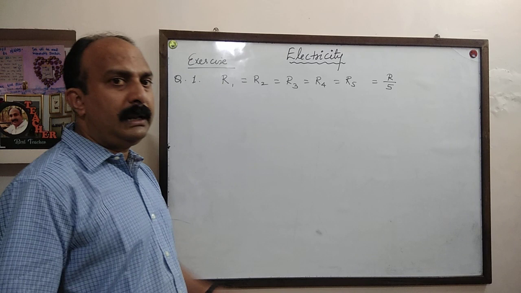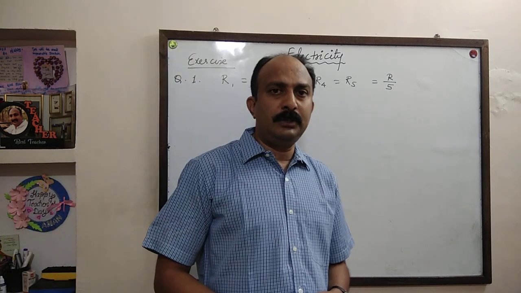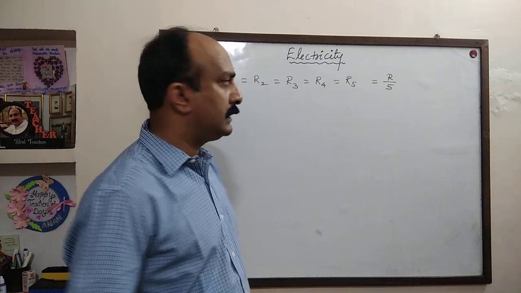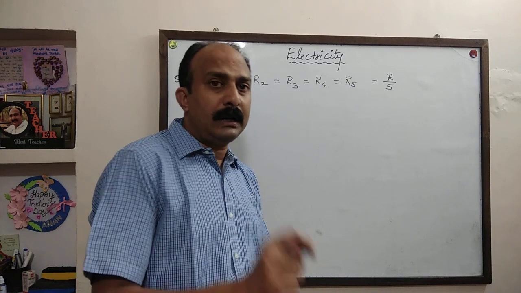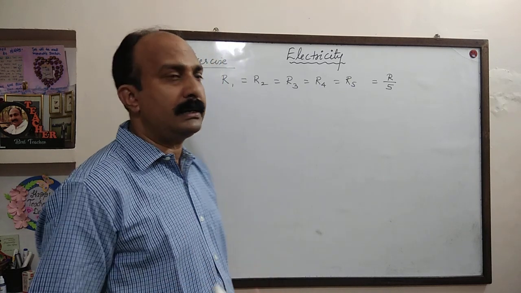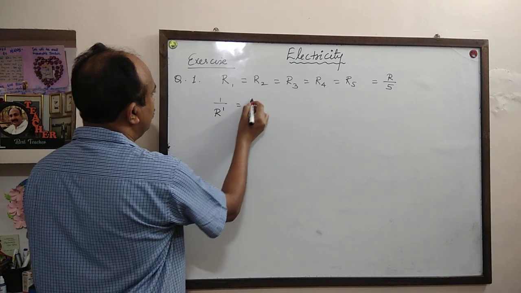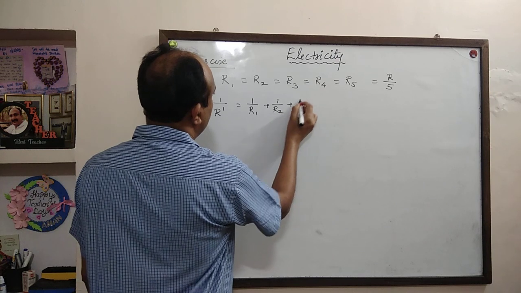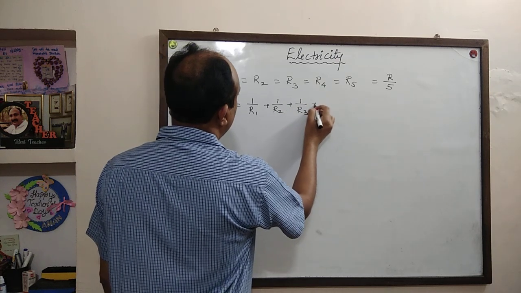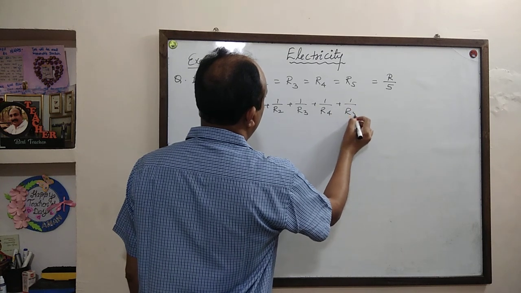Now they are connected in parallel, and we are asked to find the ratio between R and R dash. The formula for equivalent resistance in parallel: 1 upon R dash is equal to 1 upon R1 plus 1 upon R2 plus 1 upon R3 plus 1 upon R4 plus 1 upon R5.